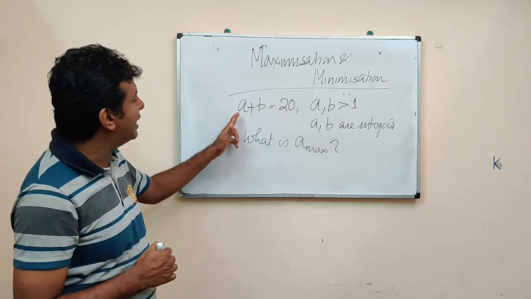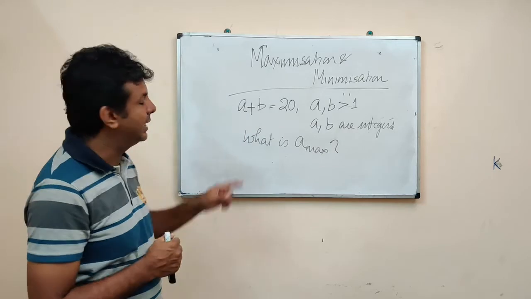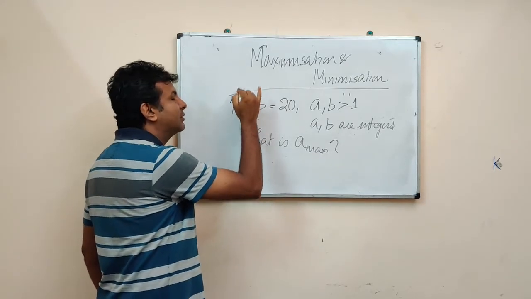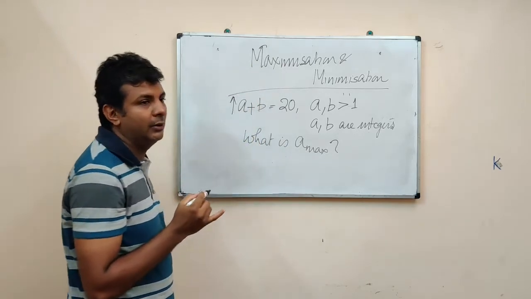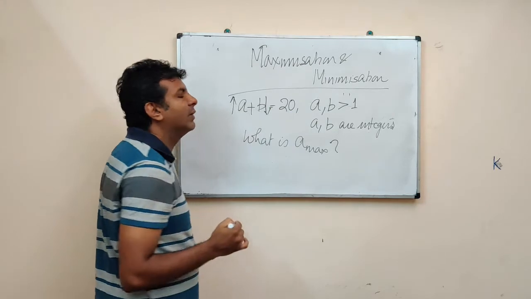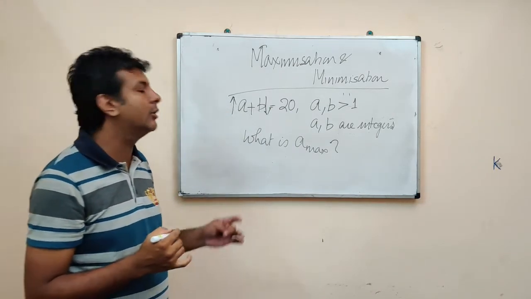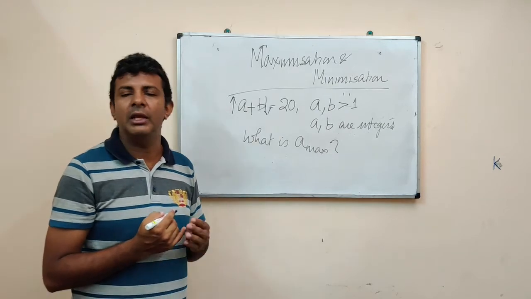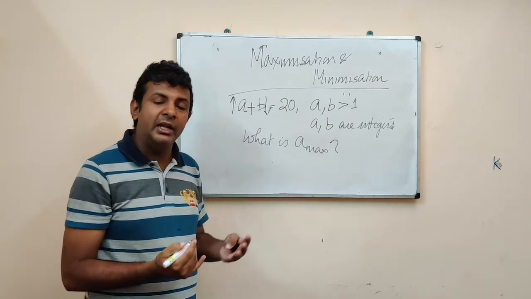Now, given that a plus b is 20 and a needs to be maximum, that means a has to go to the highest possible value, then consequently b has to be the lowest value. How low can b get? Can b be negative?